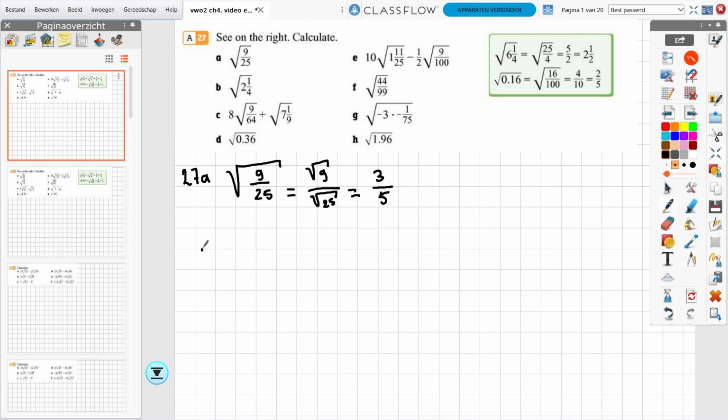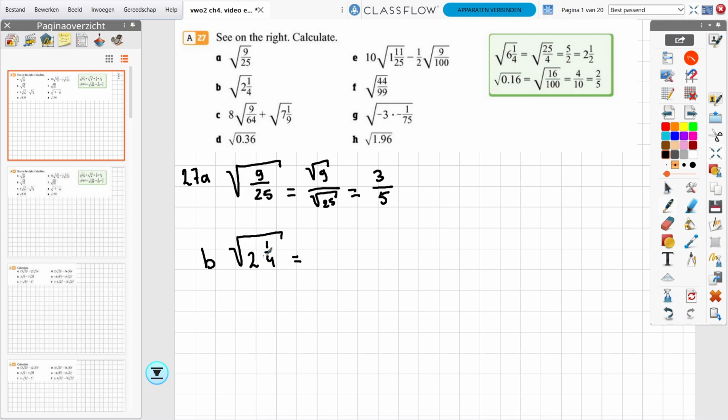Okay? But what if we have a whole number in front of my fraction? Well, same rule applies, only now we're going to first convert this mixed number into an improper fraction.